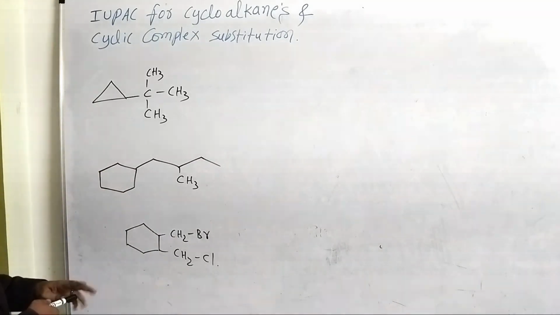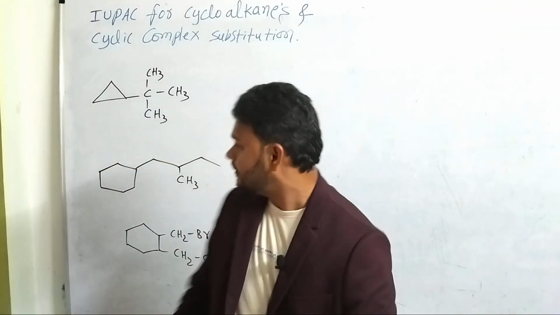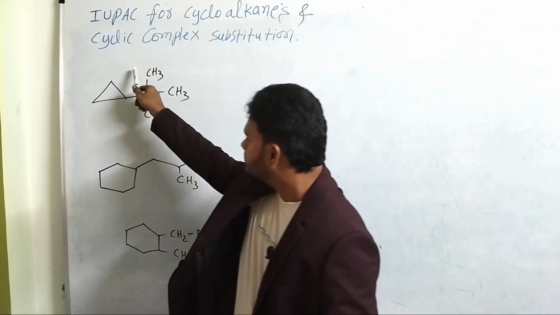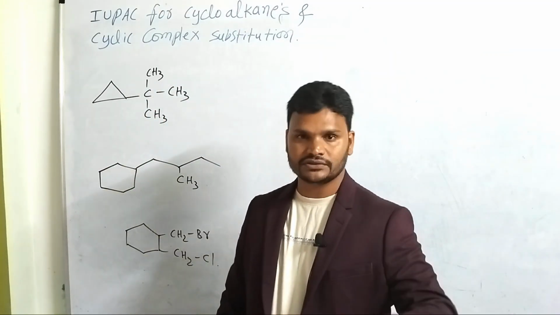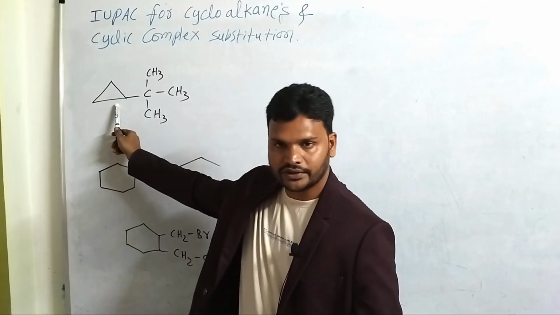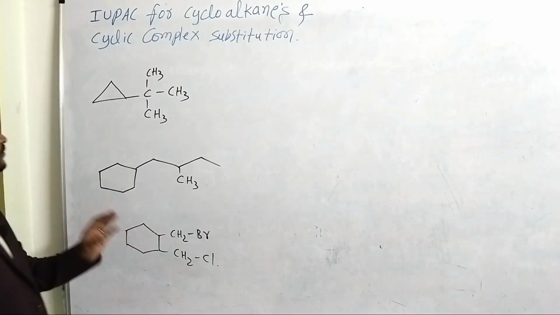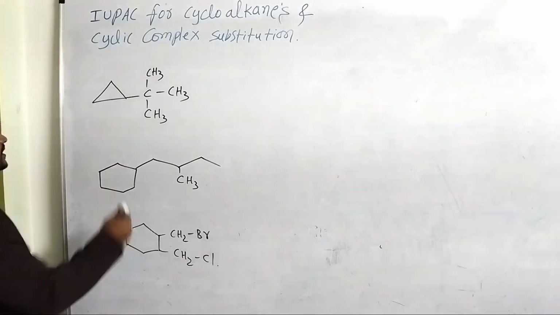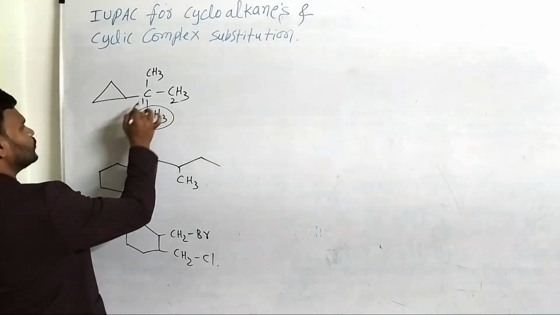So listen very properly. Most students get confused with the first example. Why? Because here the side chain contains 4 carbons, whereas the ring contains 3 carbons. Because of that, most students consider this one a substituent, but that is absolutely wrong. Here you should focus on the straight chain only. The straight chain contains only 2 carbons. These are subgroups.